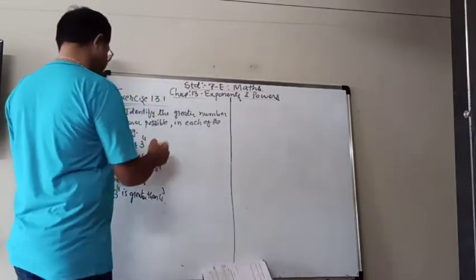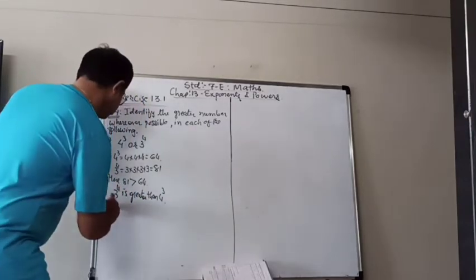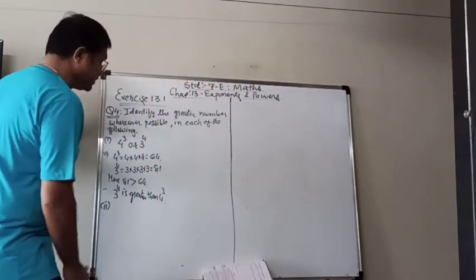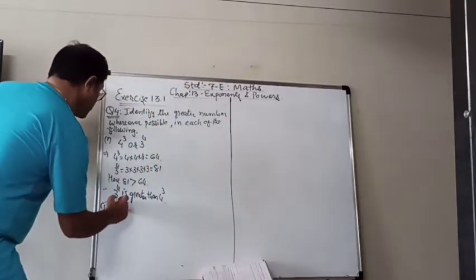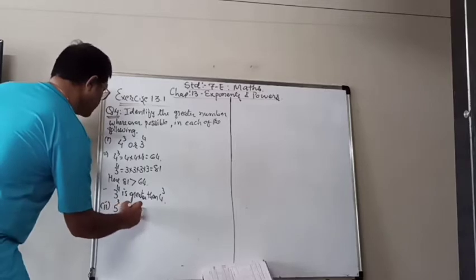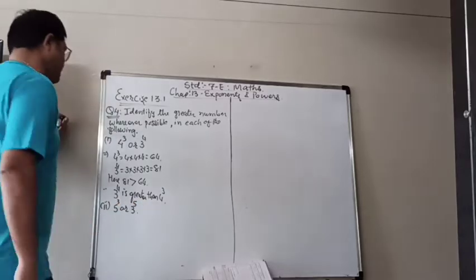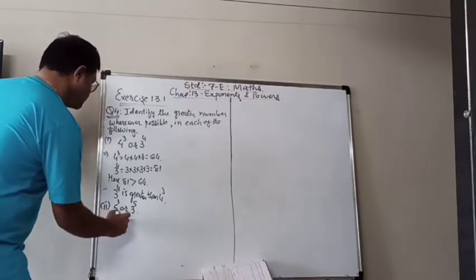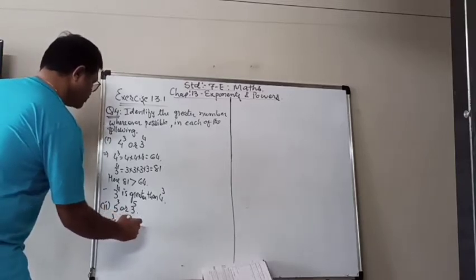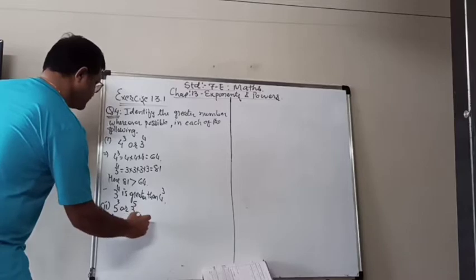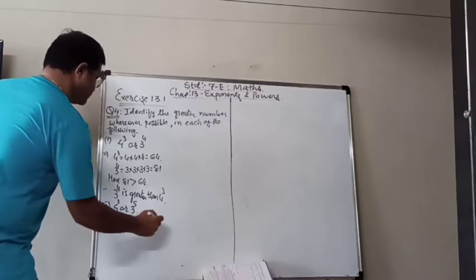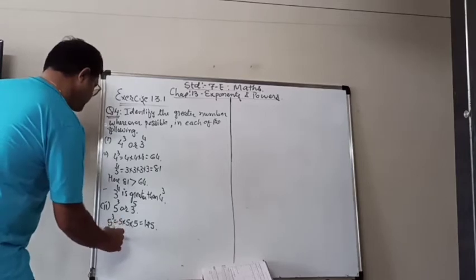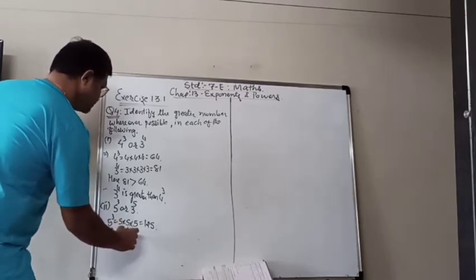The second one is 5 cubed or 3 raised to the power 5. So 5 cubed means 5 5s are 25, 25 5s are 125. And 3 raised to 5 means we have to multiply 3 five times.